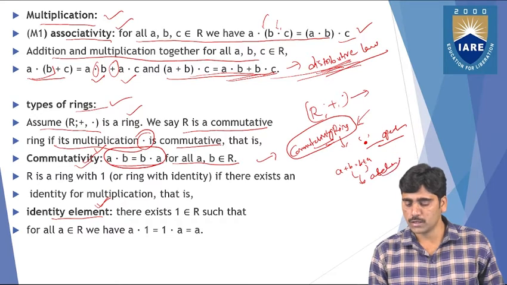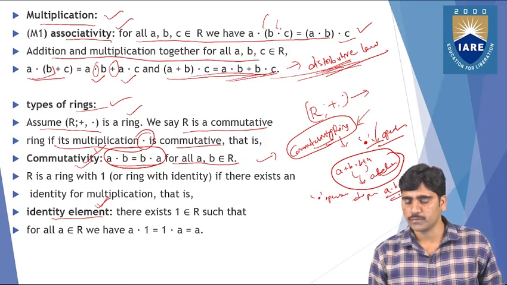Same way here, the dot operation is performed, and A dot B equals B dot A belongs to the ring, then it is said to be a commutativity ring.